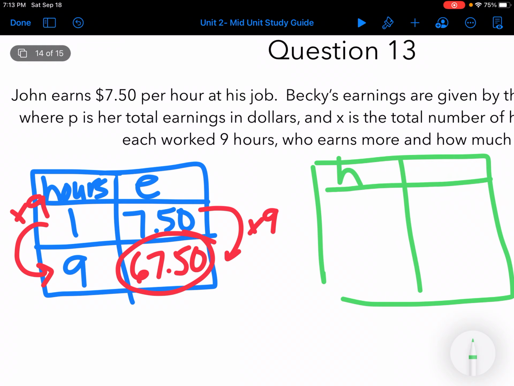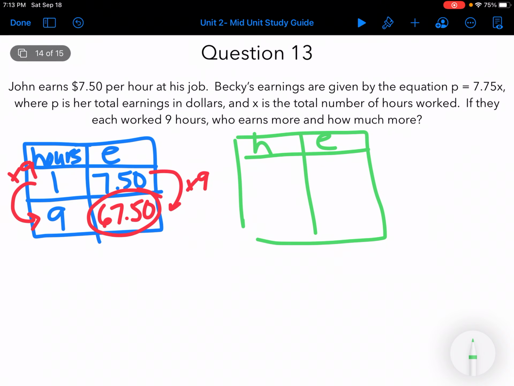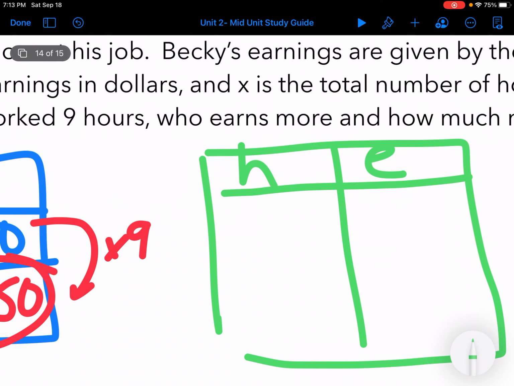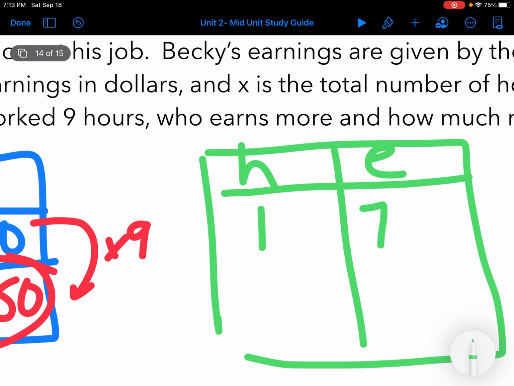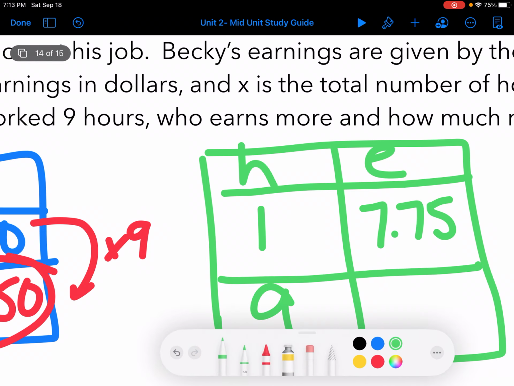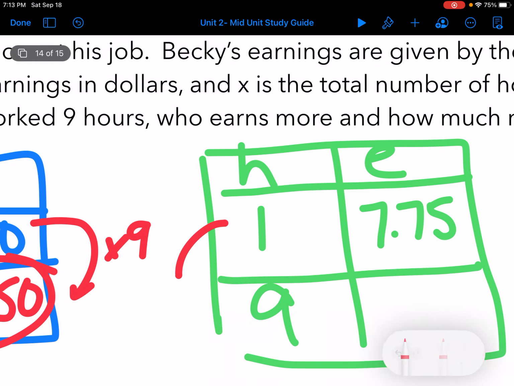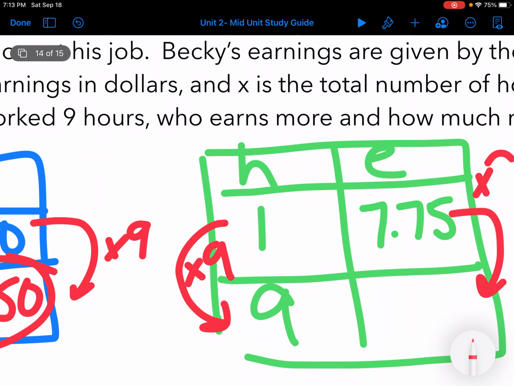So I know hours and earnings. I know her constant of proportionality is $7.75 for 1 hour. Oops, I did that backwards. 1 hour is $7.75. So I want to figure out what 9 hours are going to be. So I'm going to multiply by 9, multiply by 9.